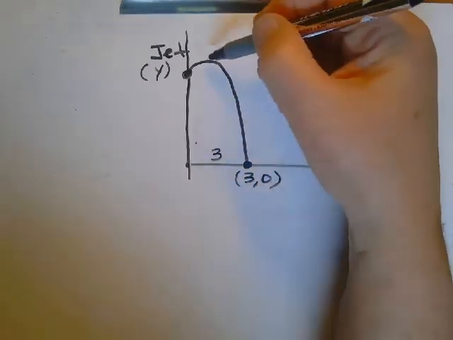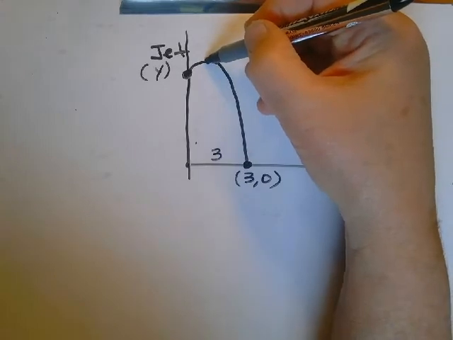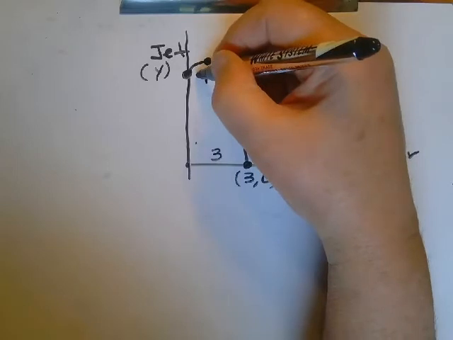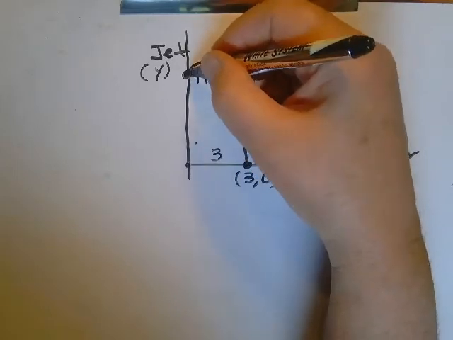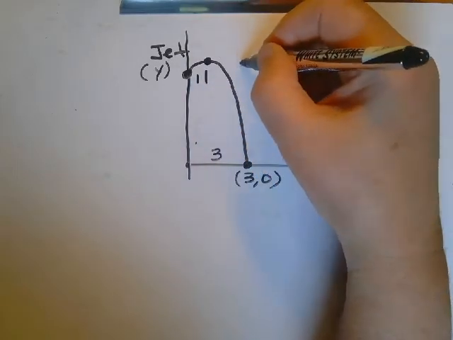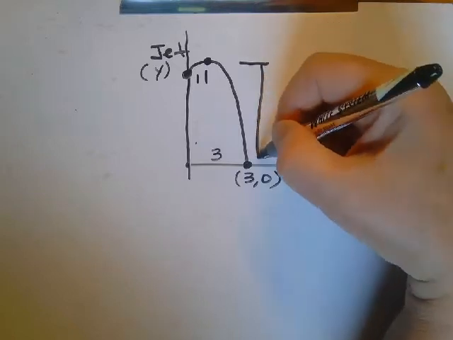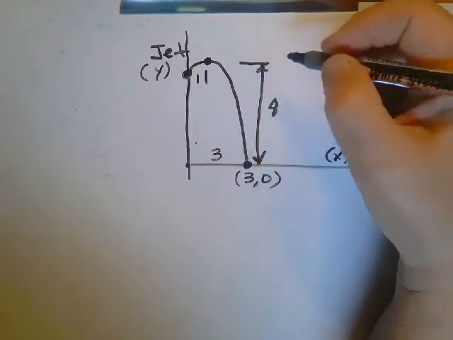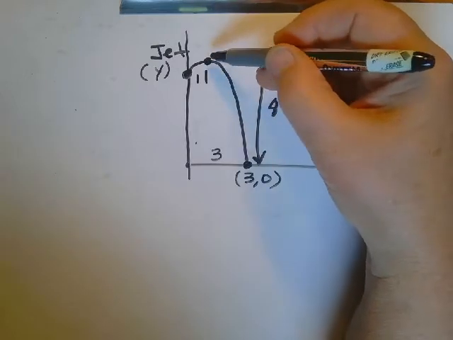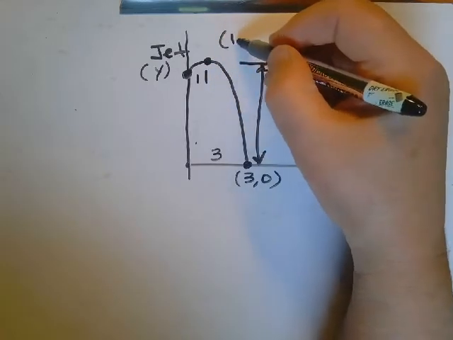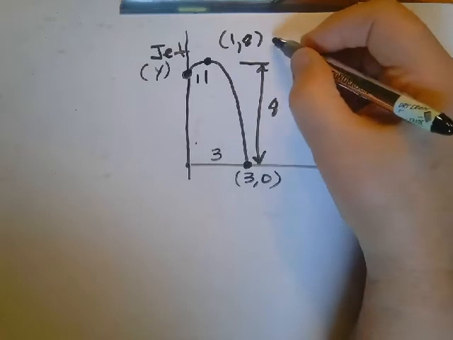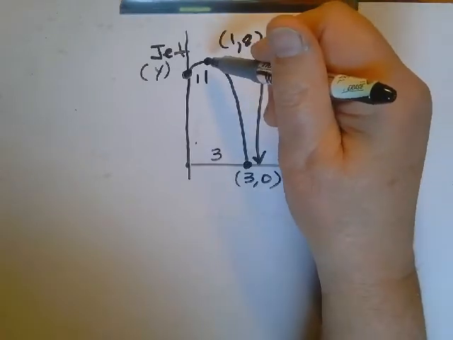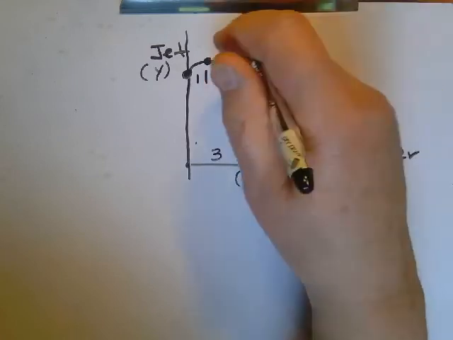Okay? And it also says that it reaches the maximum height at 1 foot away from the jet, and the maximum height was at 8 feet. So this ordered pair here has to be 1, 8, and it's the vertex. So we know because it's the top, it's the maximum here.